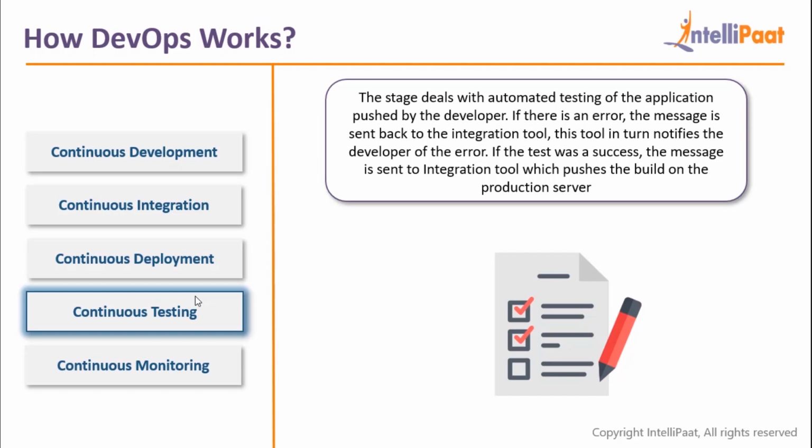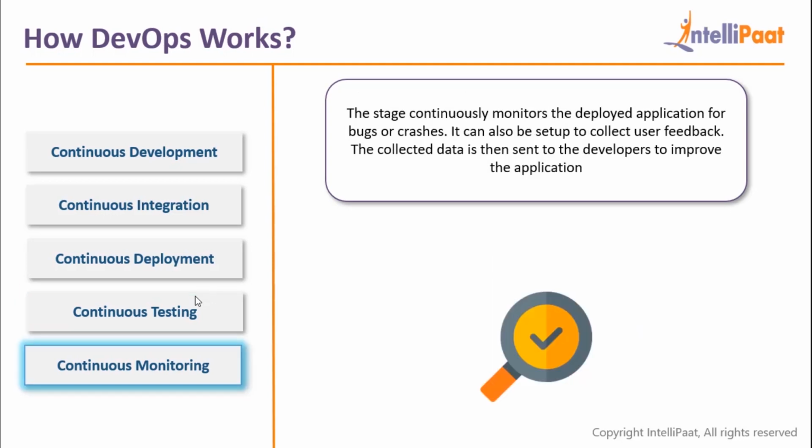And if all the tests are passed, it is then again picked up by the continuous integration tool and then pushed onto the production server. Once it reaches the production server, again it gets monitored, right? It gets monitored for user activity, it gets monitored for any errors, it gets monitored for any user comments on version upgrades, or you can say any feature requests. So all those feature requests, all those errors, all those logs are then visualized or stored inside a monitoring tool, right?